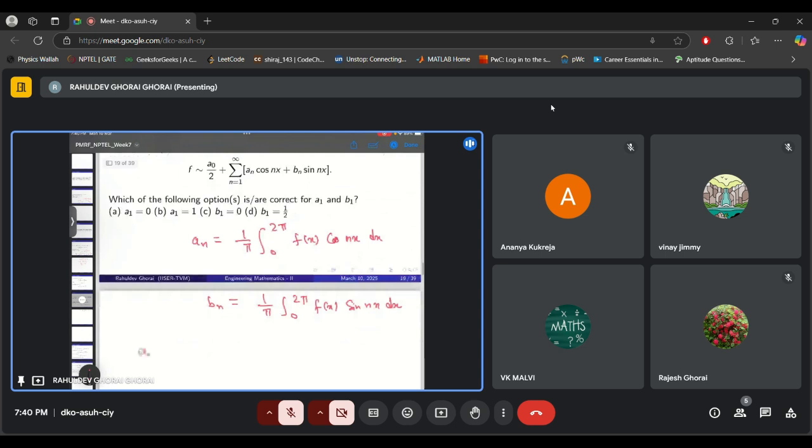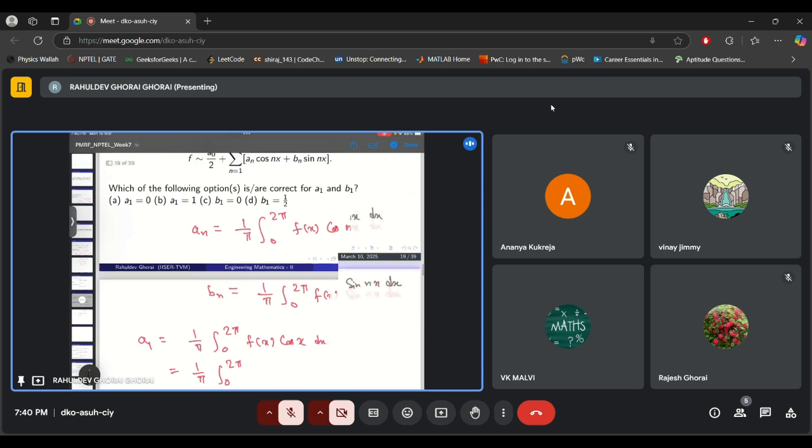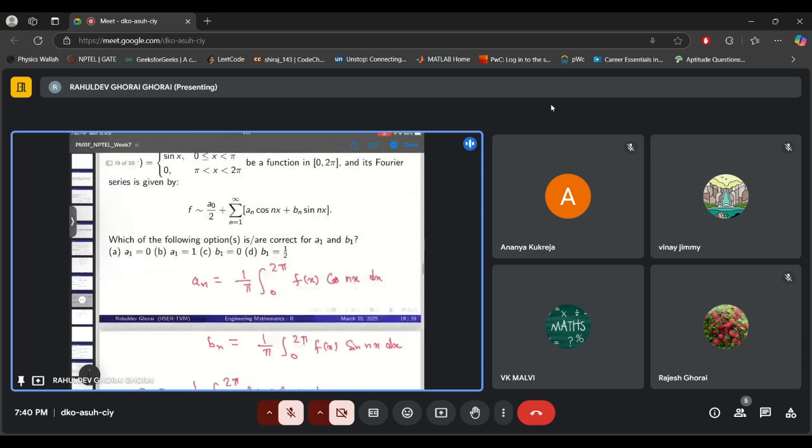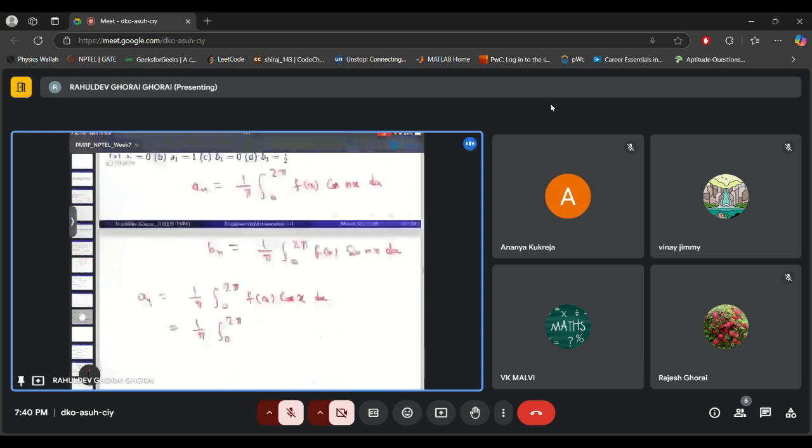So here what you need to find is a1, which will be 1 over pi, 0 to 2 pi fx cos x dx, right? What is fx here? Fx will be sine x in the interval 0 to pi, otherwise it is 0.